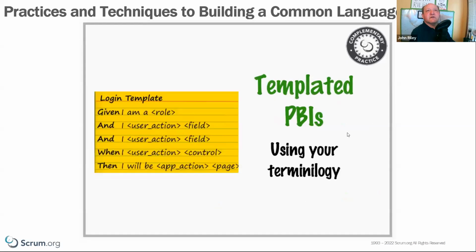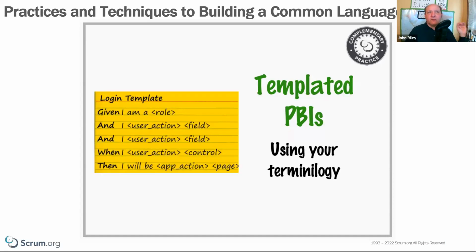Yes. So let's go back a little bit here. When we're talking about acceptance criteria, here's an example. Given I am something and I do this and I do this, when this happens, then I expect this result.